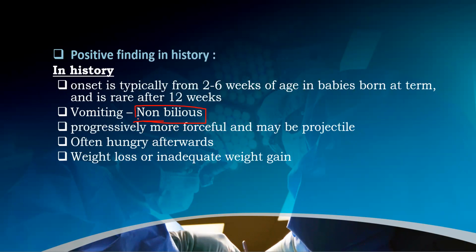So duodenal atresia, intestinal obstruction, those vomiting will be greenish or bilious. But pyloric stenosis, reflux, this vomiting is most likely a non-bilious vomiting. And it is becoming progressively more forceful at the time. Child hungry after feeding, and the most important finding is that the child is losing body weight.